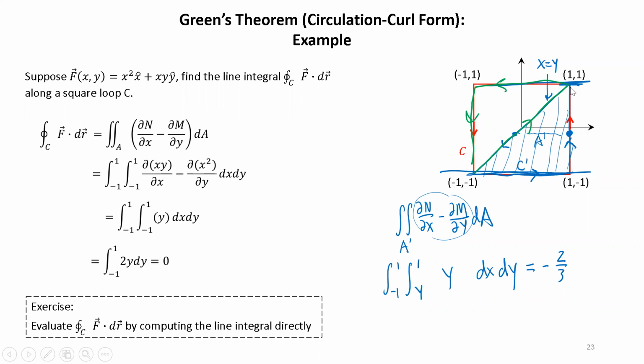The result for the lower half plus the result for the upper half has to be the same as the result for the entire square, which is 0. So if I have minus 2 divided by 3 here, then up here I must have 2 divided by 3, such that the total is 0.